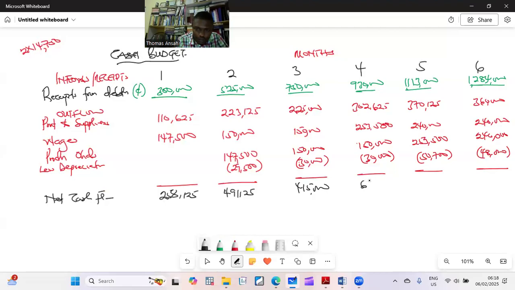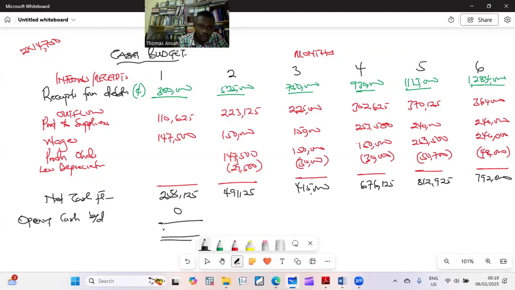Next is 676,125. Next is 812,925. We have 792,000. Then you add your opening balance, your opening cash. Unfortunately, we don't have any in the first month.